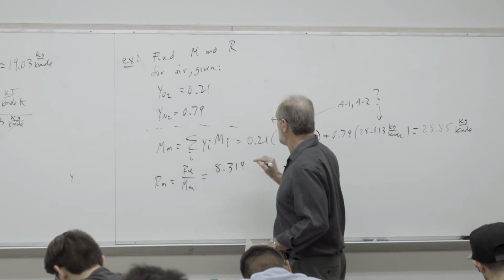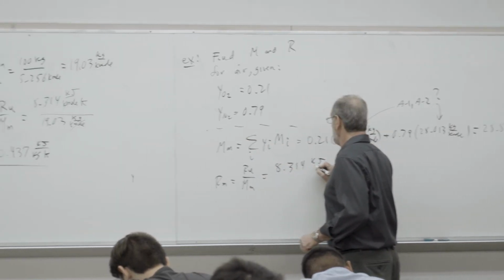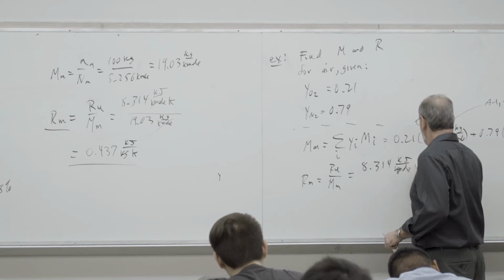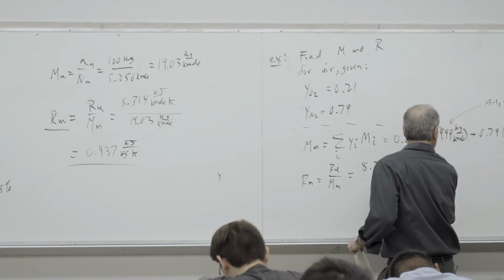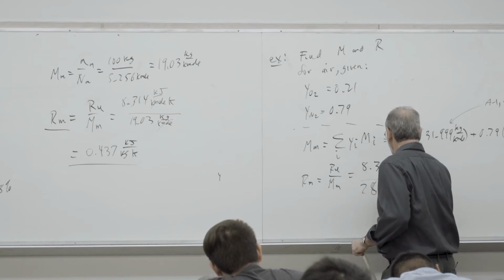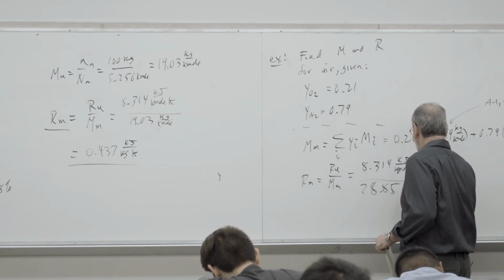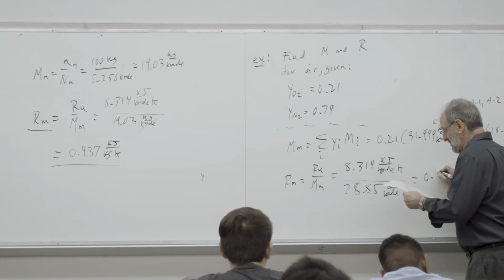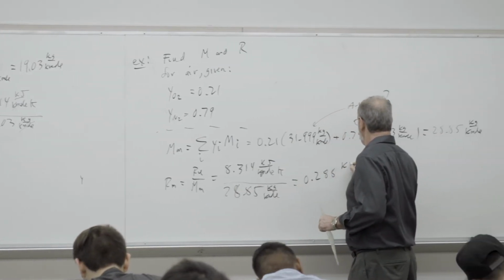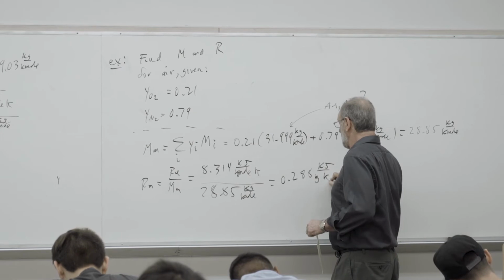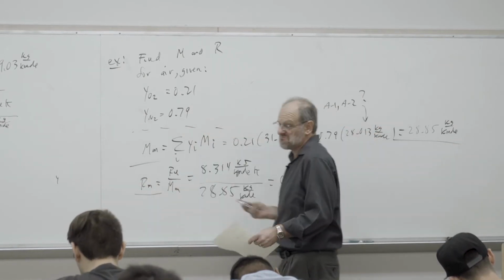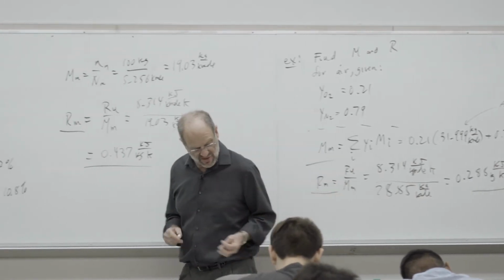We just take our gas constant, so 8.314 kilojoules per kilomole per degree K, and divide by 28.85 kilograms per kilomole, and we end up with 0.288 kilojoules per kilogram per Kelvin. Okay, so there's just another example.